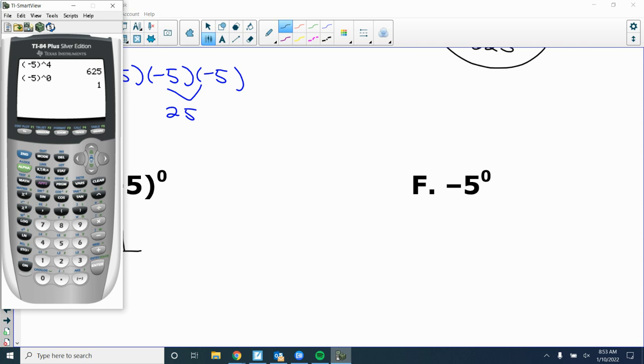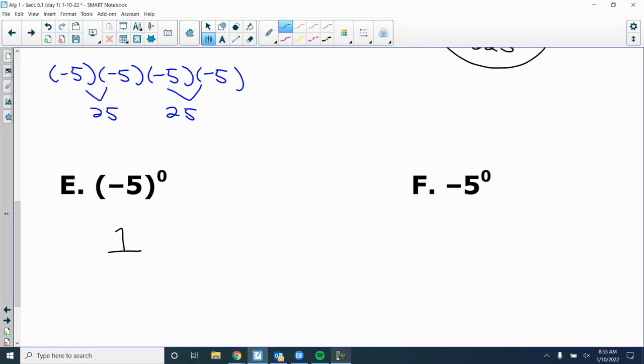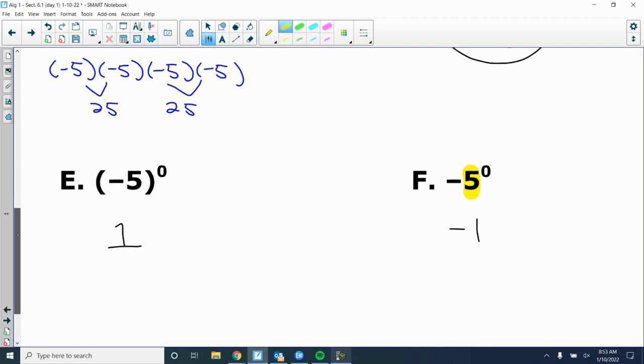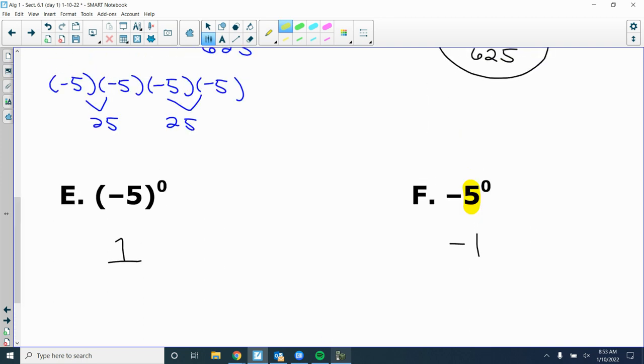Right. Negative 1. It's going to be negative 1 because the negative is not to the power. Only the 5 is. So that gives me that 5 to the 0 power becomes 1. The negative stays in front of it. So you really got to be careful there with how that's written.